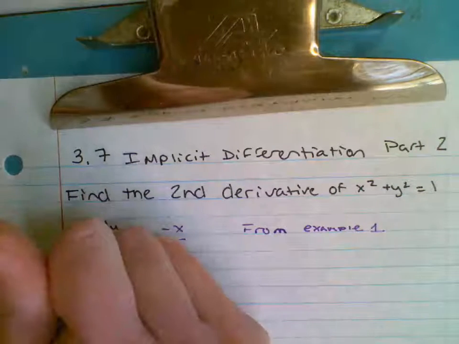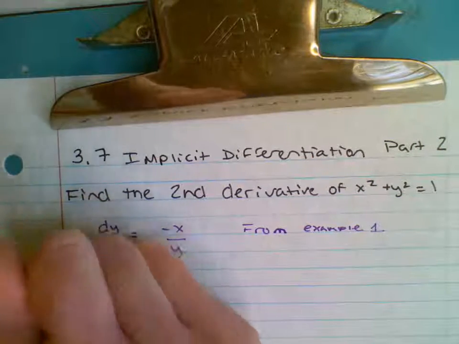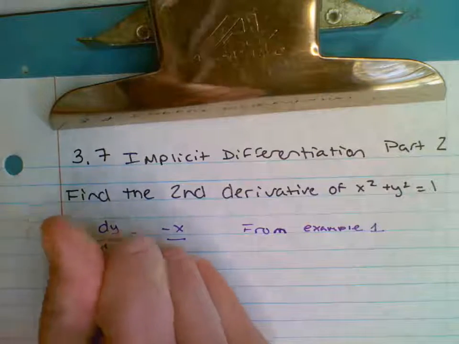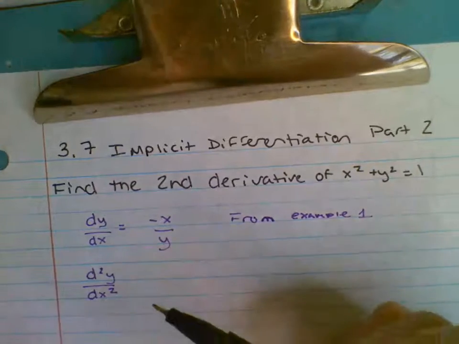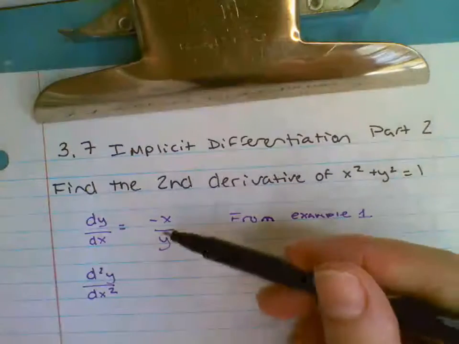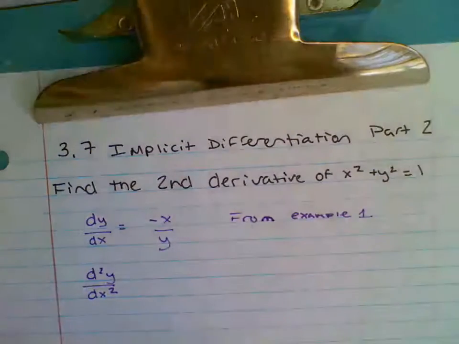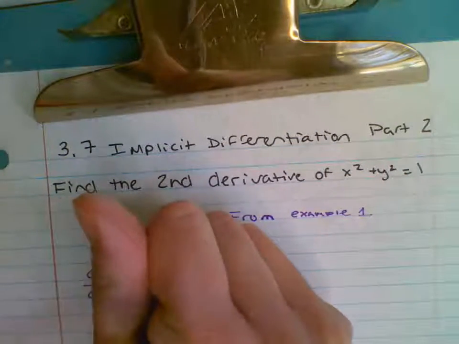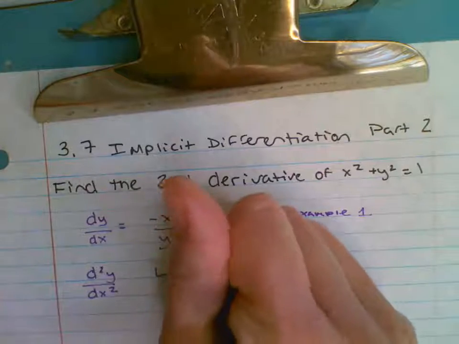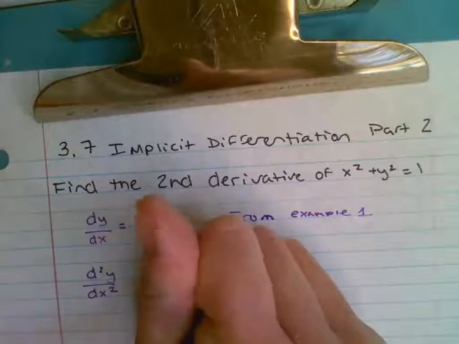The notation for that is going to be, we're going to use this little 2 to indicate the second derivative. And you'll notice now that I have a quotient, and when I have a quotient, I have to do the quotient rule, which is low d high minus high d low, draw the line, and square the low.